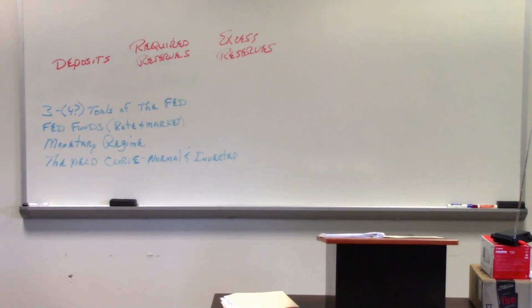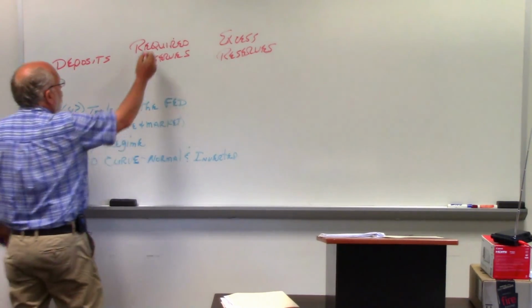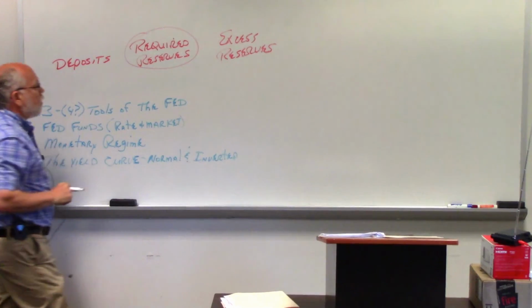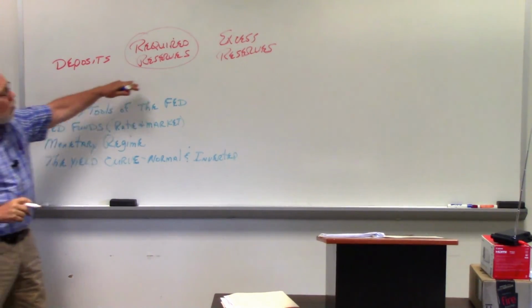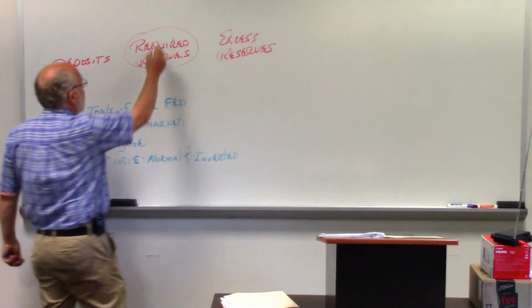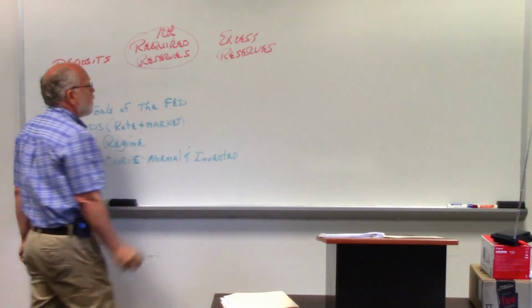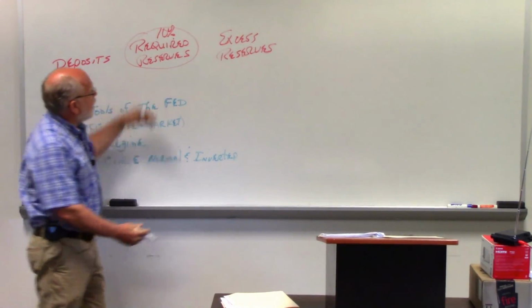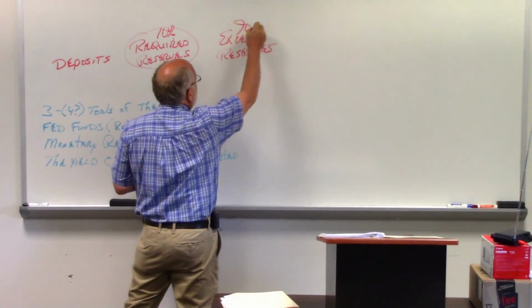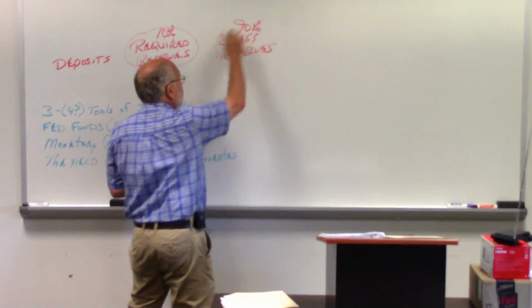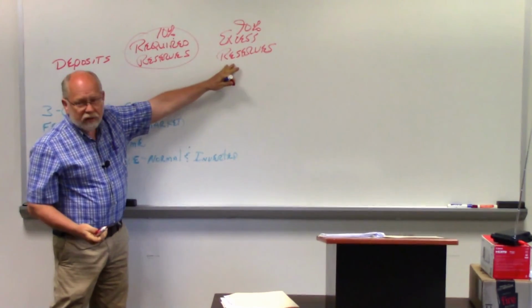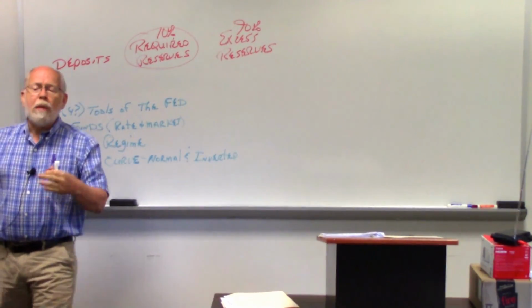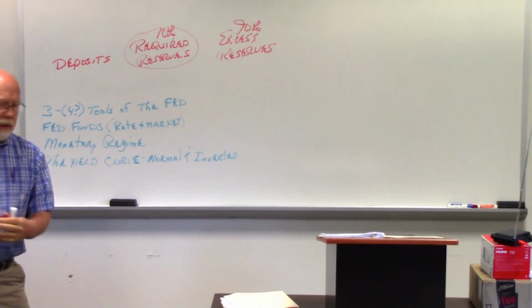We said the first tool was to control the commercial banks' required reserves. Again, they have deposits. The required reserves, let's just say a nice round number of 10%. So for every dollar that comes in, we keep out 10 cents, and we can loan out 90% of excess reserves. The larger the amount of excess reserves, the more high-powered money that the commercial banks can create.